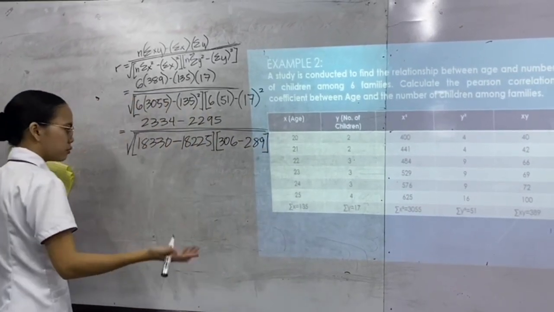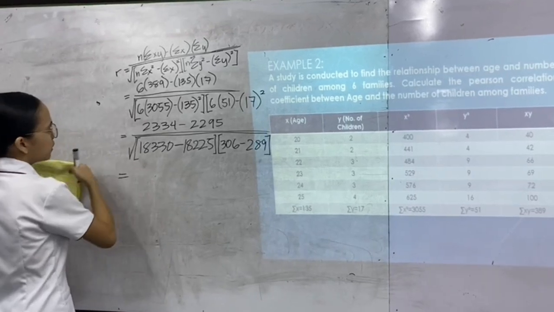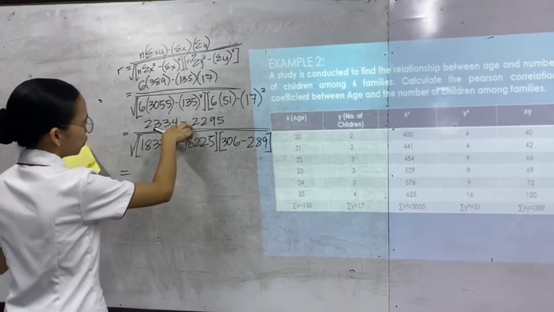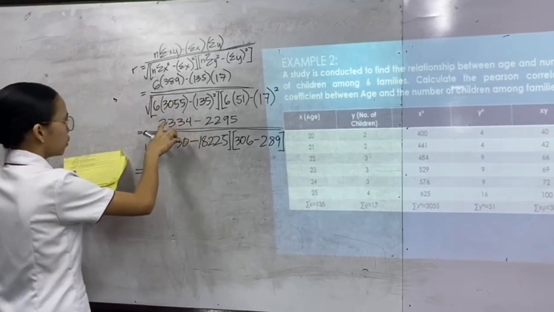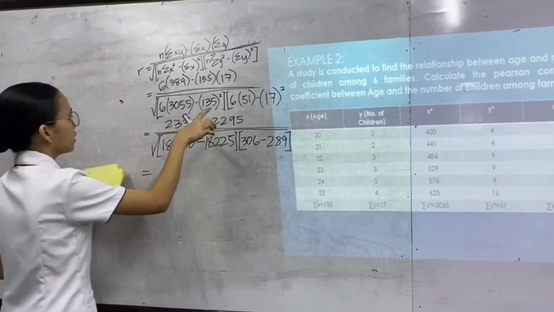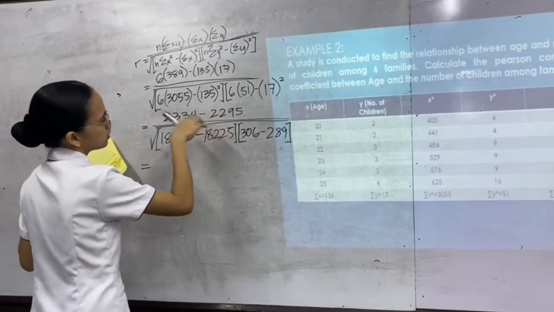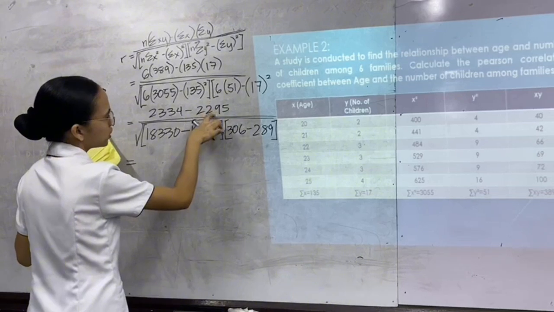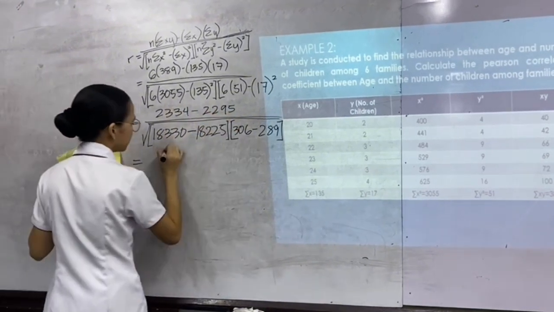We will now subtract. First, subtract the first two numerators: 2,334 subtracted by 2,295 is equal to 39.